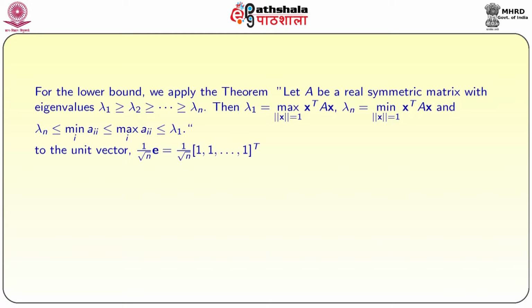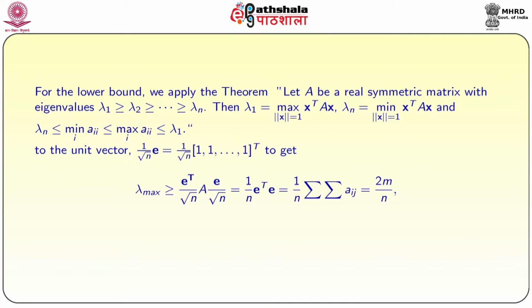For that, we will apply this theorem to the unit vector 1 by root n times E, where E is the column vector with all ones. To get lambda max is greater than or equal to E transpose by root n times A times E by root n, which is equal to 1 by n times E transpose A E, which is equal to 1 by n times the double summation of Aij.